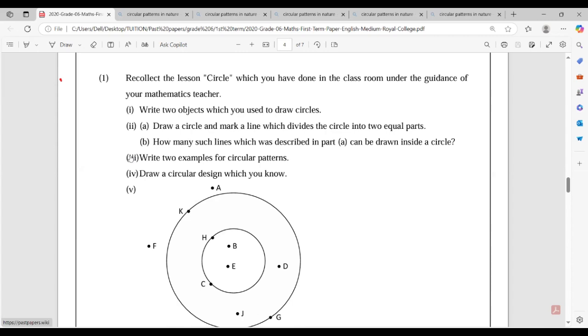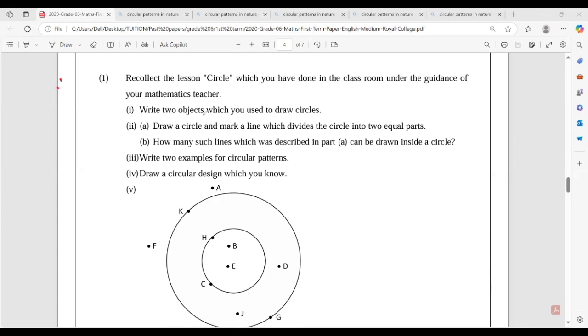So please watch to the end and try to do all these questions by yourselves. Maybe you have already done them. If you have, just try to correct those answers. If you see any answer has been given incorrectly by you, you can correct it and try to understand everything. And if you have any kinds of doubts, you can leave me a comment. Okay, let's answer these questions.